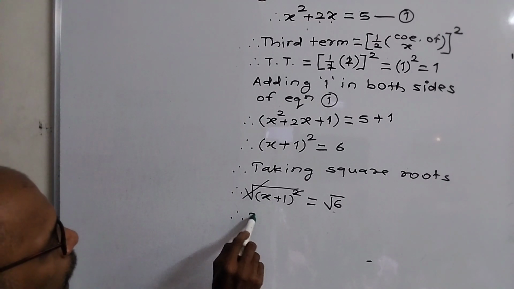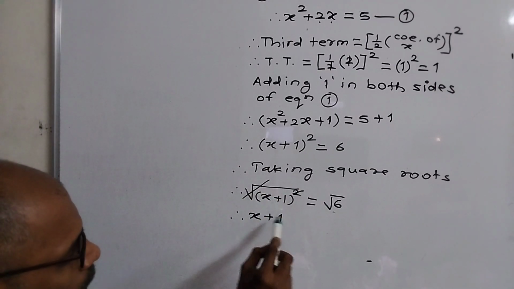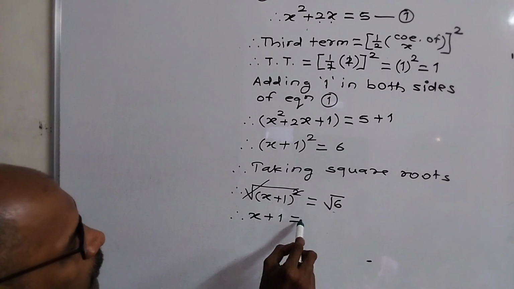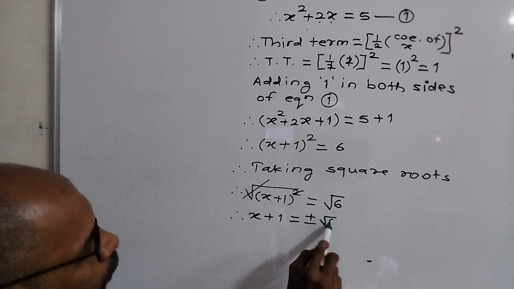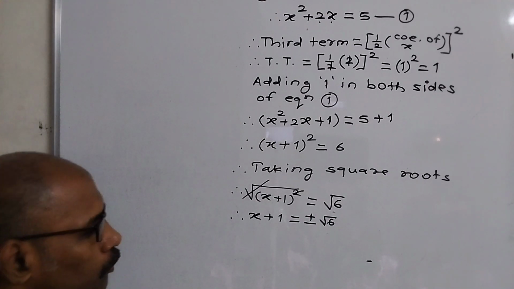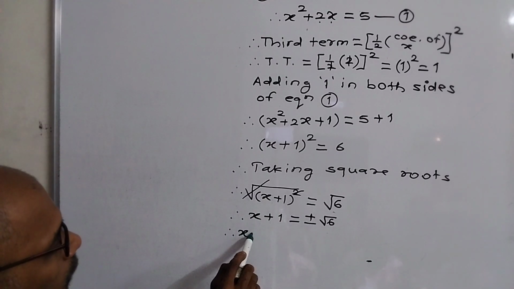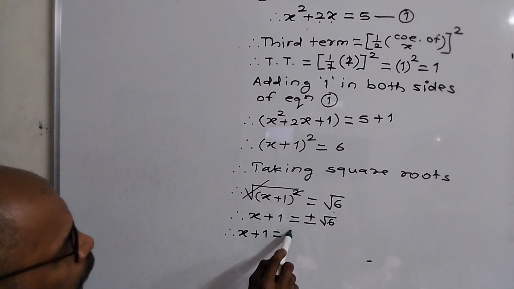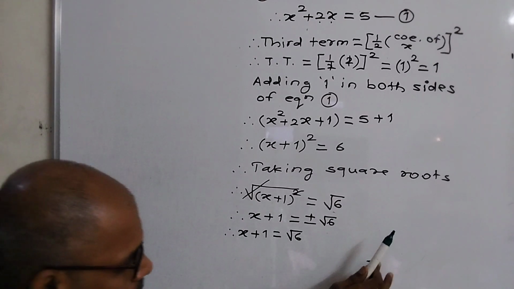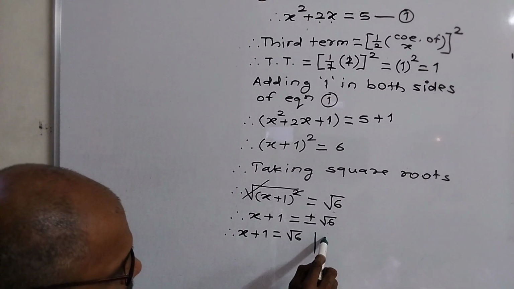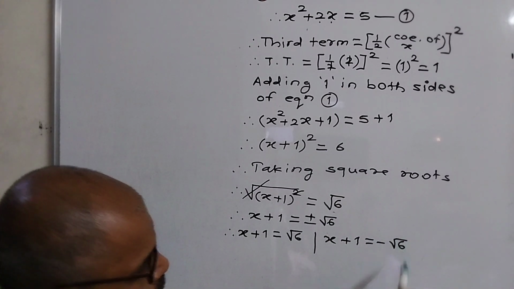Therefore, here x plus 1, after cancellation of square and square root, is equal to plus minus square root of 6. I told you many times why we write this way. Therefore, here x plus 1 is equal to plus square root of 6, or we write x plus 1 is equal to minus square root of 6.